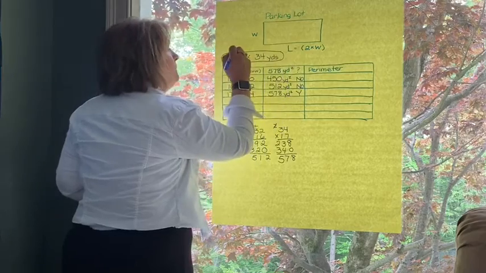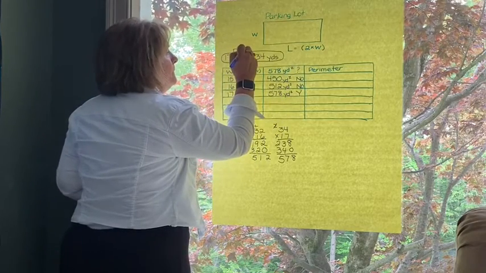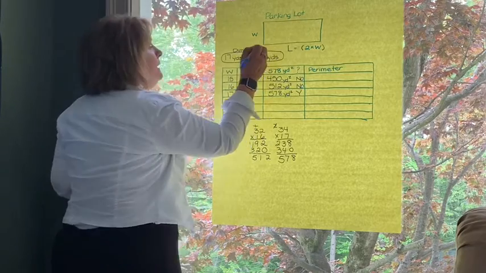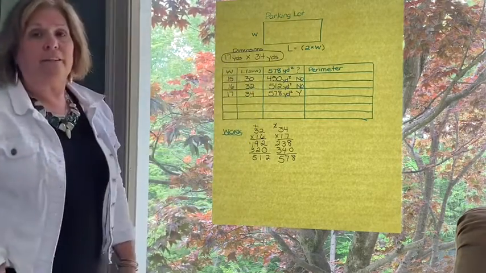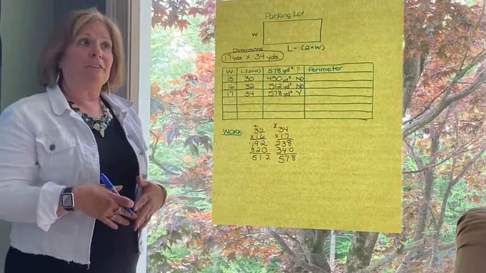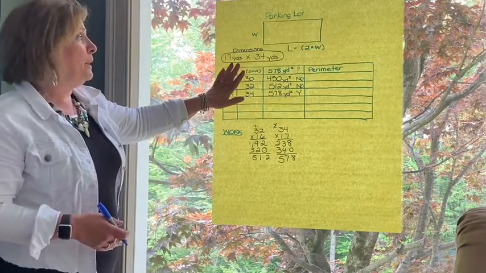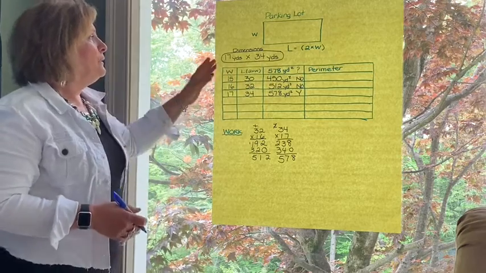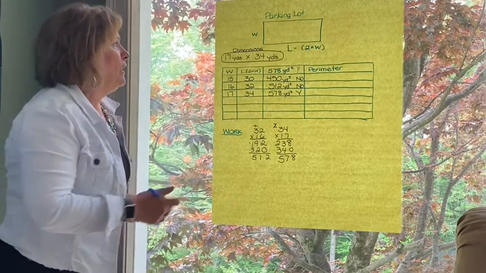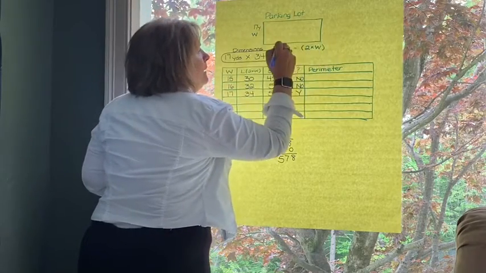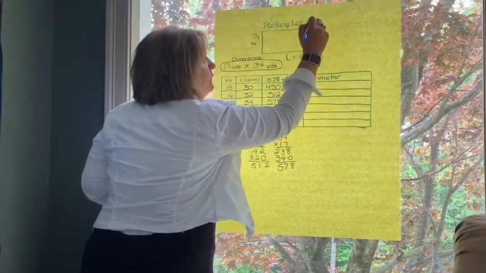What are the dimensions? So many of you forgot to put in the yards, and so even if you got the correct answer, you would not be included in the bucket. Okay, so now we know that the dimensions are 17 by, let's write it over here, 34.